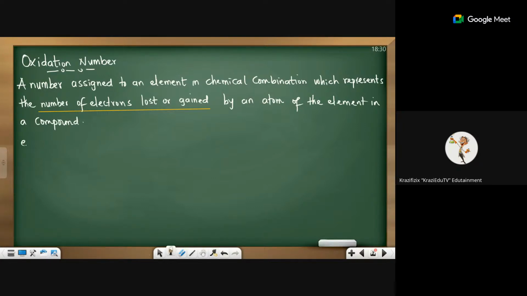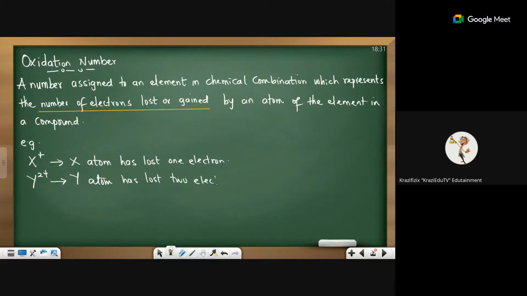For example, if I write X plus, it means X atom has lost one electron. If I write Y 2 plus, it means Y atom has lost 2 electrons.